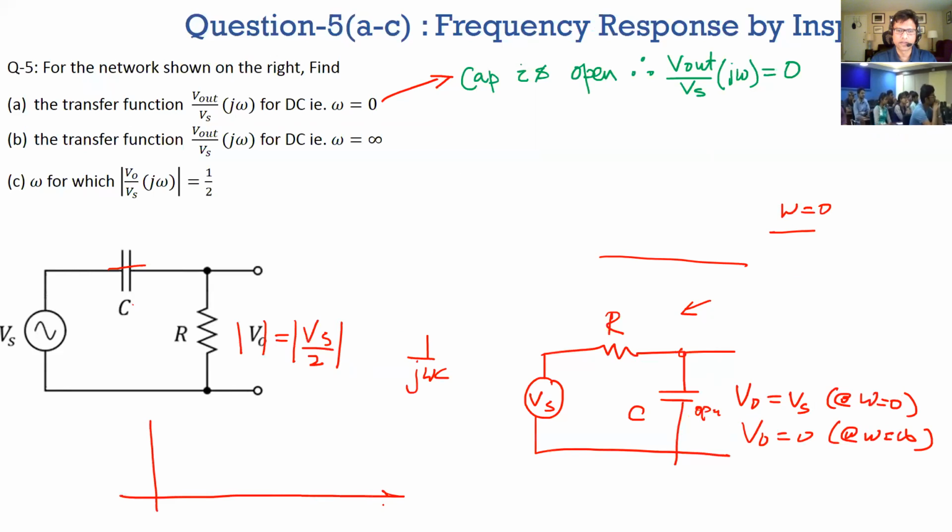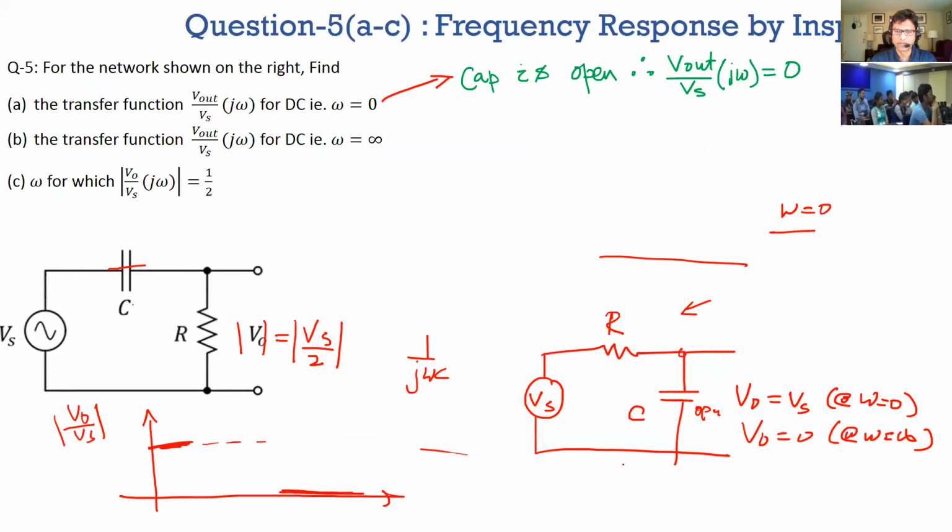And so if you want to draw an asymptote of this, that's your Vout over Vs magnitude. So you say, oh, it's 1 at 0 and 0 at infinity. And you go through the same exercise again. You say, okay, I want to join this, but I want to know the 3 dB point.